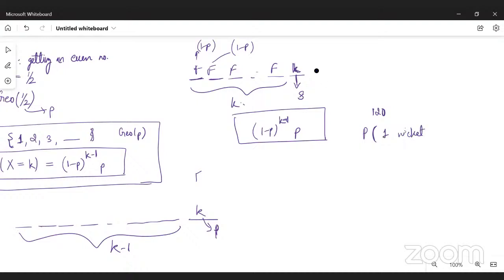That is a very important thing. Let me write. Let us assume it's the same. So the probability of getting just one wicket in 120 balls, how is it the same as the probability of getting the first wicket on the 60th ball?